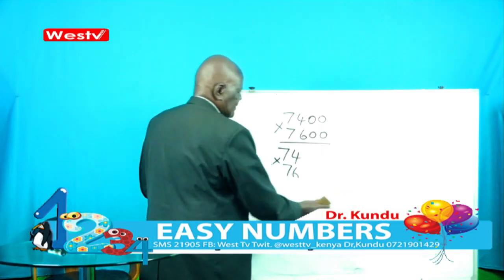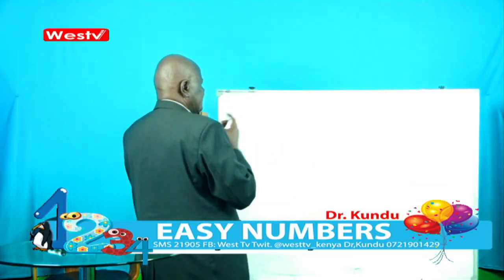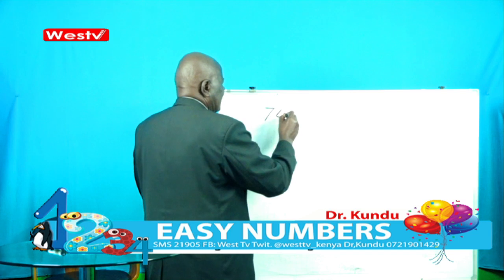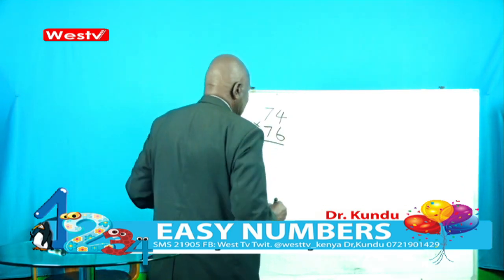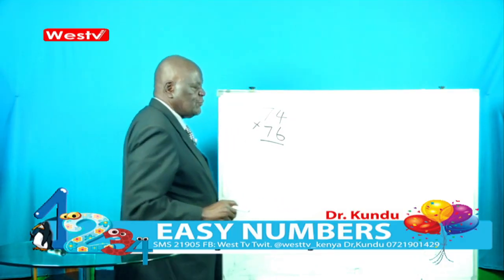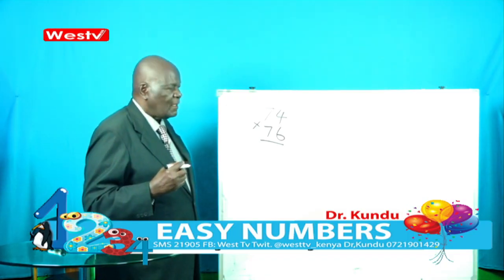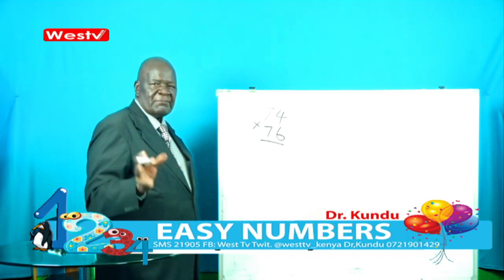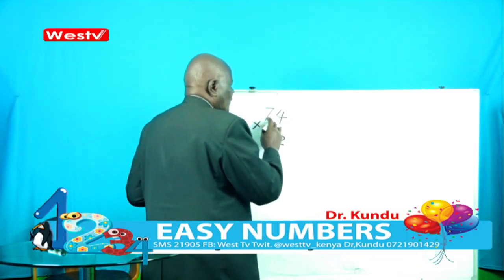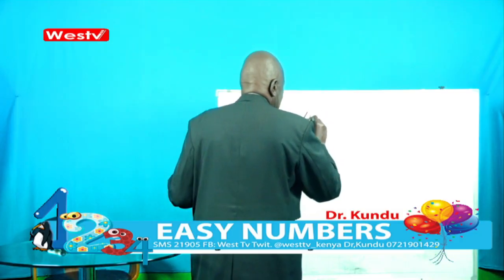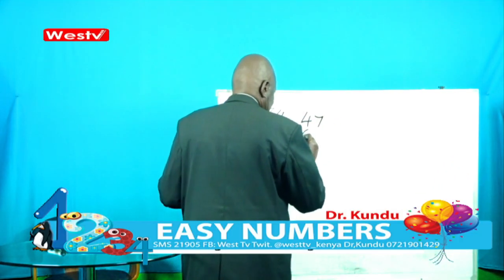Let me say what I mean. 74 times 76, a number like this, whose left is same and the right adds to 10, where you have seen your answer to be 5624, the same numbers can be reversed so that this 74 can become 47 and this 76 can become 67.